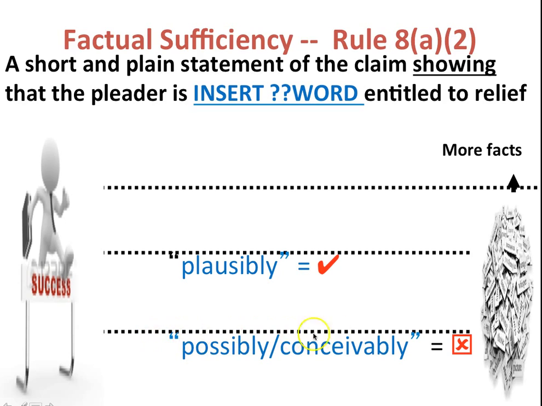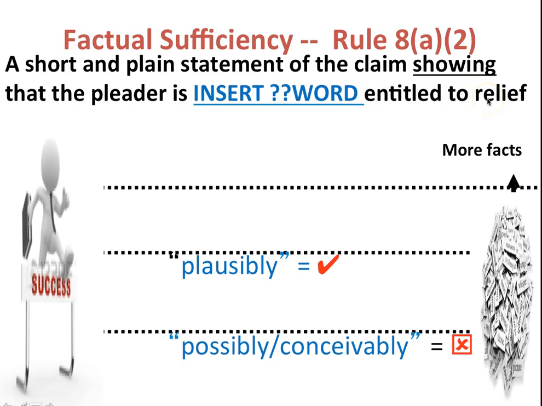If the notice standard simply required proof that plaintiff possibly, conceivably could recover, now we're asking for more facts, enough factual detail that we can say the plaintiff is plausibly going to recover. One way to think about these words is to remember 8A2's command. 8A2 says the complaint has to have a short and plain statement of the claim showing the pleader is entitled to relief.